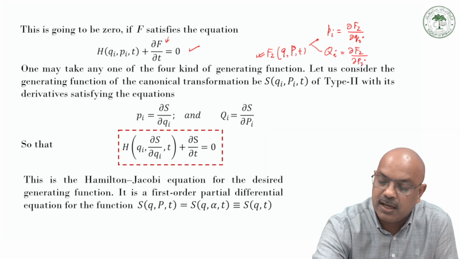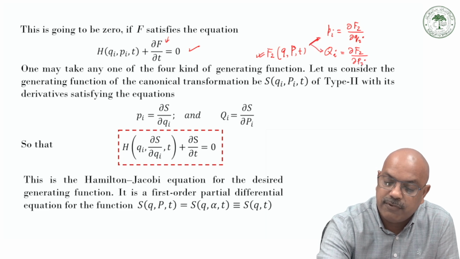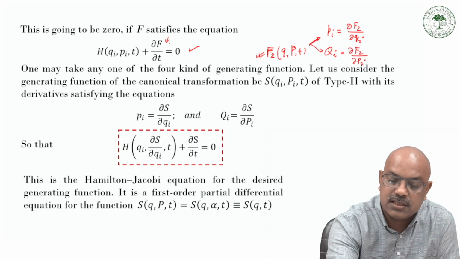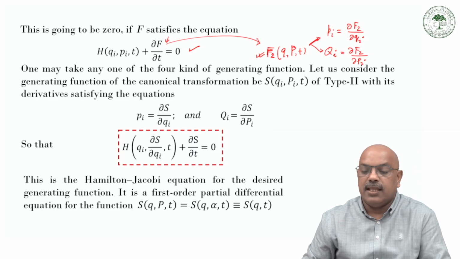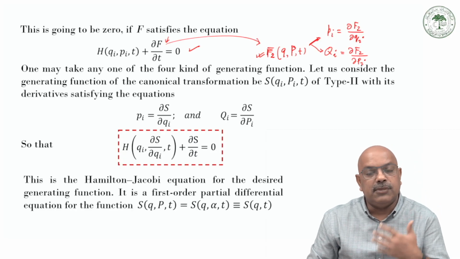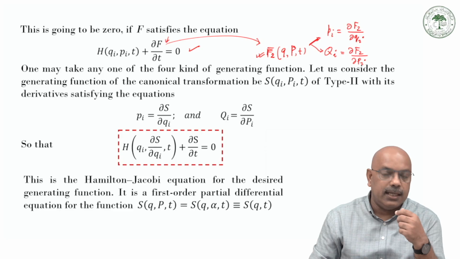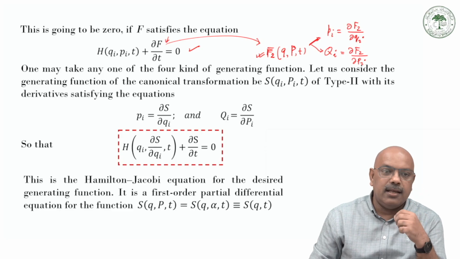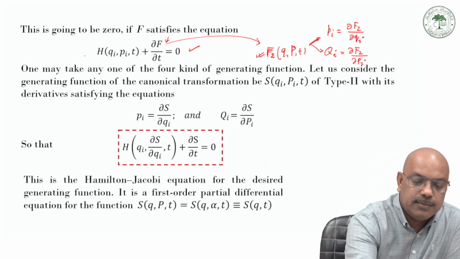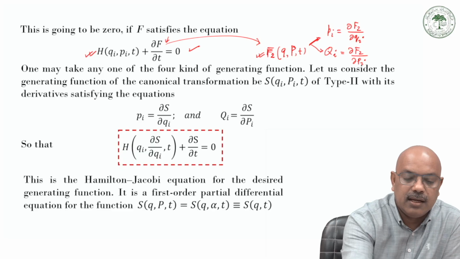So I have this F2. If I suppose that this is my generating function F2, and that the corresponding derivatives for that are going to be pi and Qi, then I can write this equation.